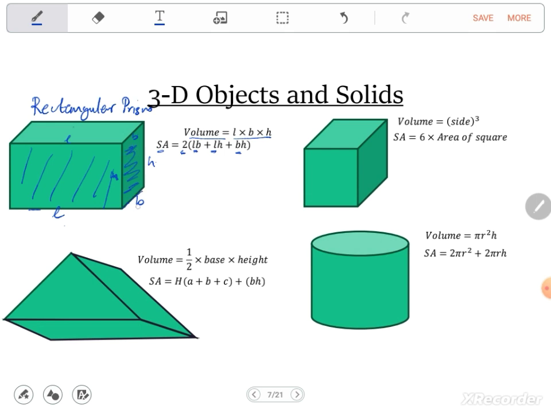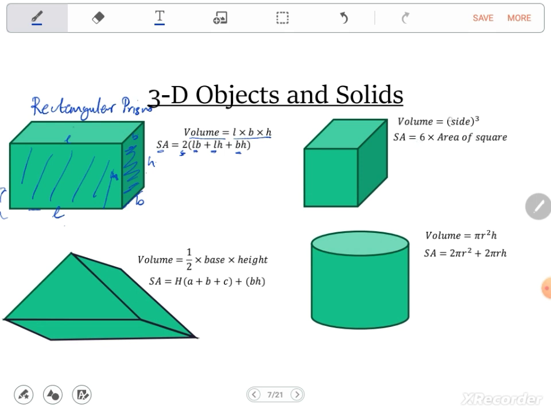So in that case, we must multiply by 2 as well because the right-hand side is the same as the left-hand side, this side here that we cannot actually see. Okay, so that's why we have the surface area as 2 times length times breadth plus length times height plus breadth times height. So that is the formula that we have there.